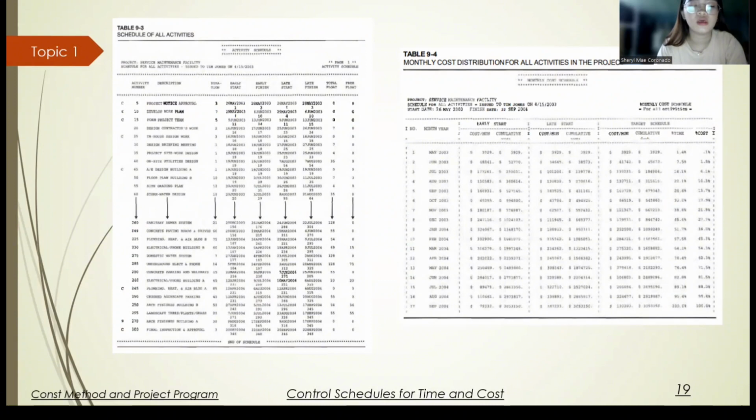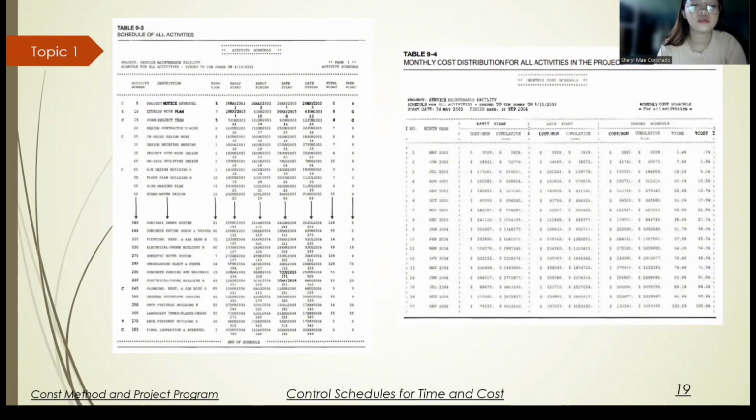For example, at the end of the 6 months, which represents 33% of the time of completion, only 17.9% of the costs are anticipated to be expended.